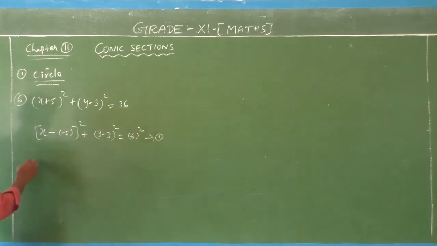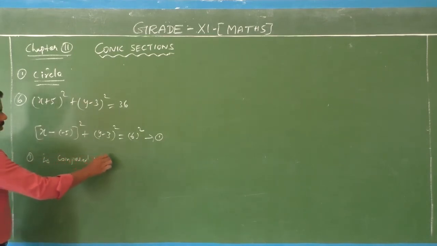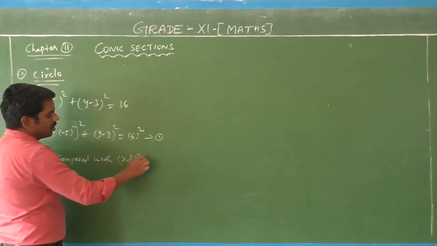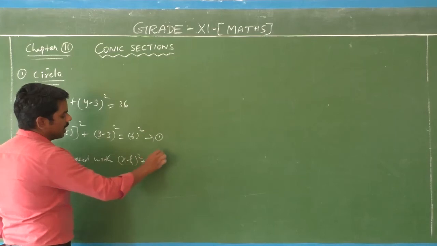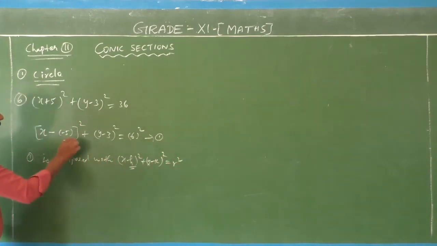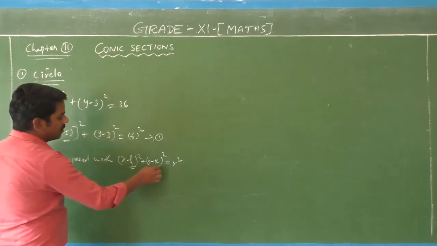Equation number 1 is compared with the equation of a circle, (x minus h) the whole square plus (y minus k) the whole square equal to r square. Here h is equal to minus 5 and k is equal to 3.